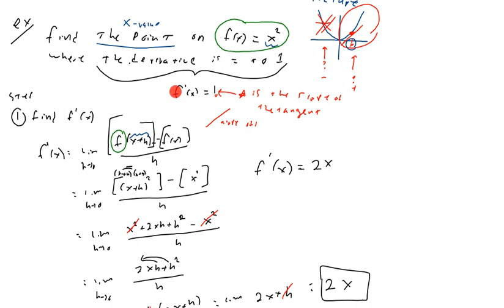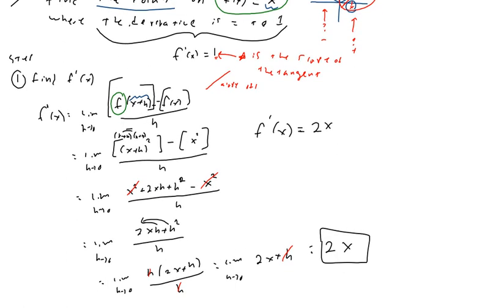Here's my equation of the derivative. What can I do to this equation to find the x value where the derivative is equal to 1? What can we do?